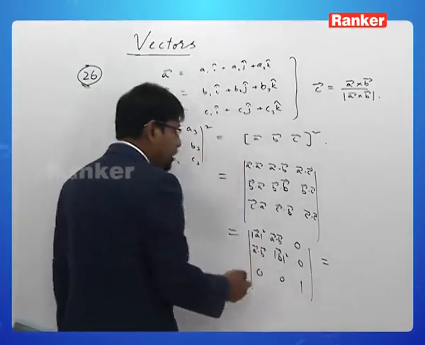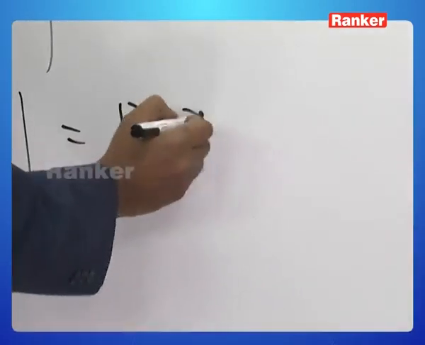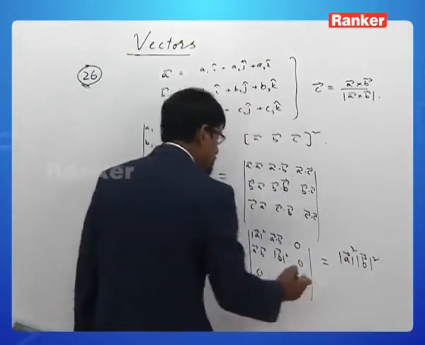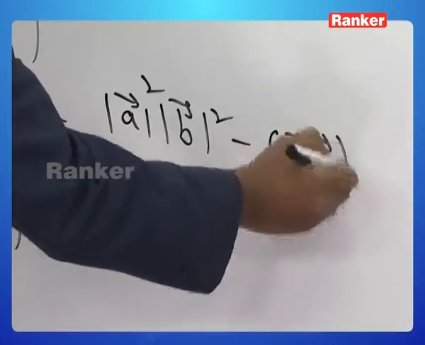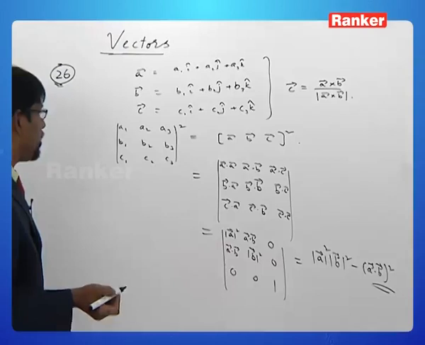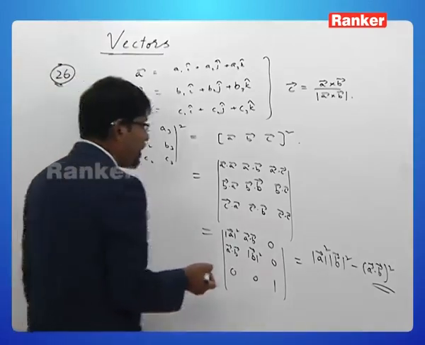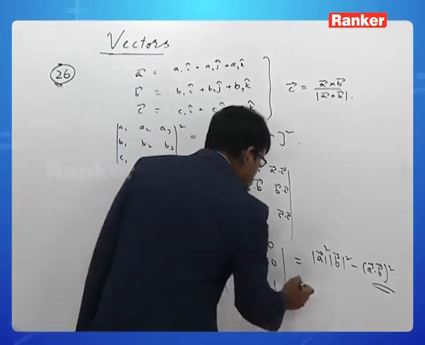So what we have here is, therefore, when you open up this determinant, it comes out to be magnitude of A square into magnitude of B square minus A dot B the whole square. Now what is A dot B?